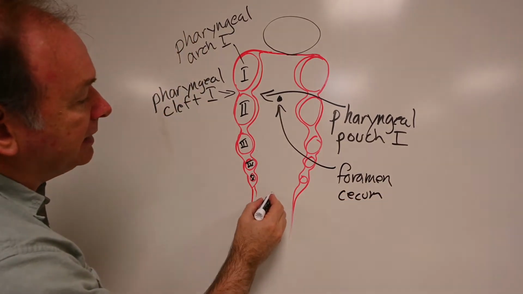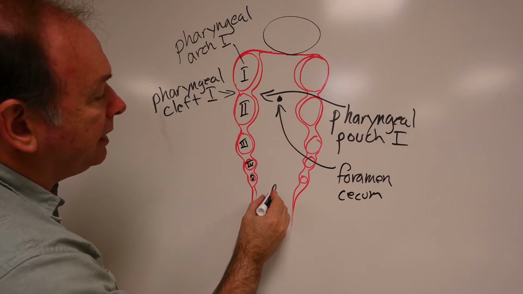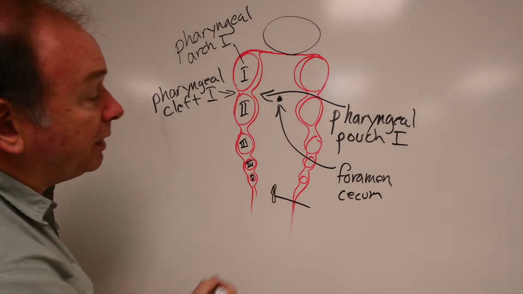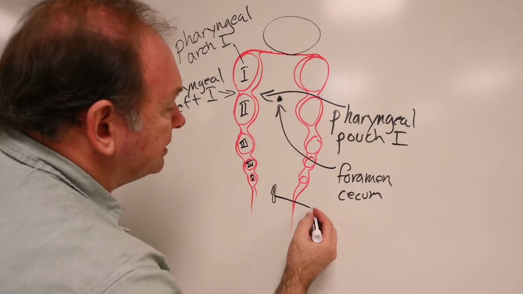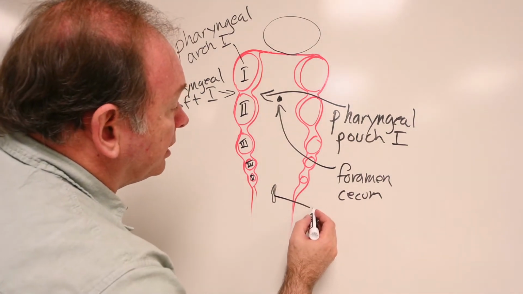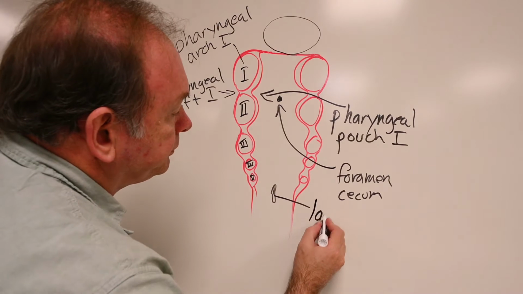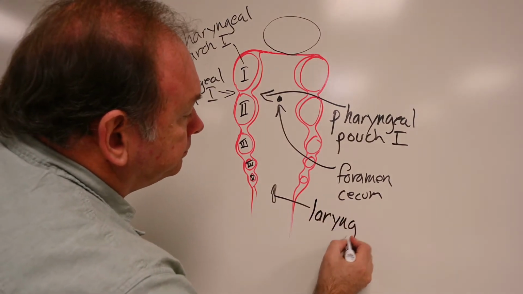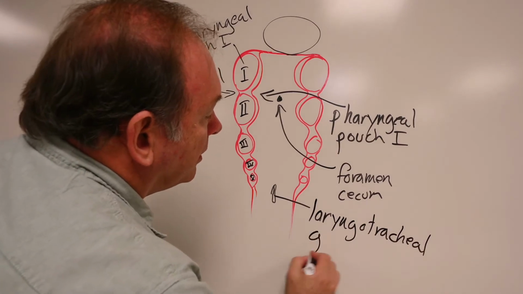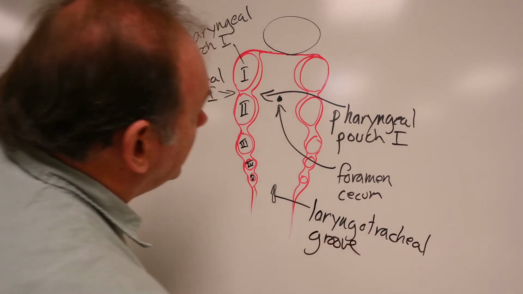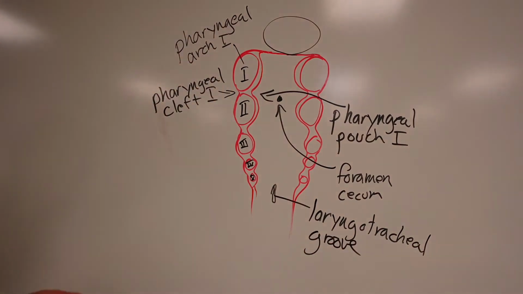And back in this area of the pharynx, right in here, we're going to begin the formation of our lower respiratory passages. This is the laryngotracheal groove.